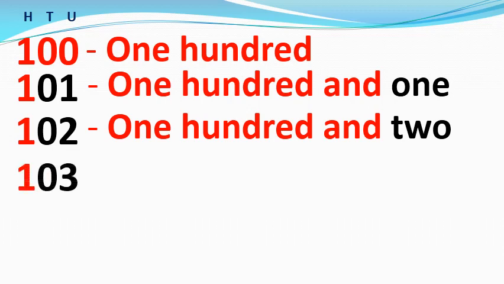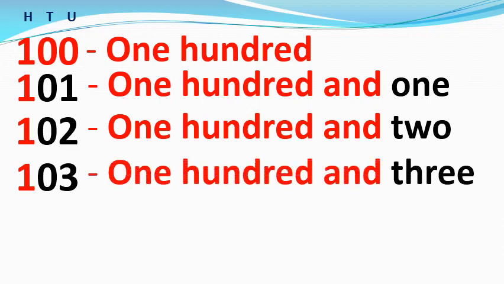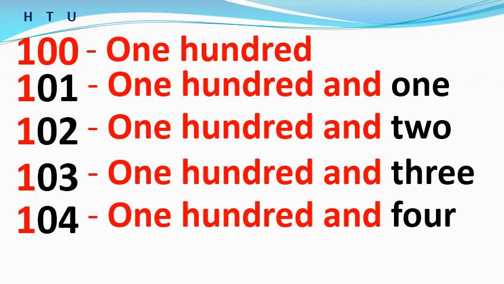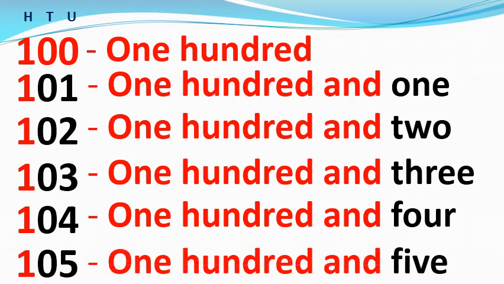The next number is 103, that is 103. 104, that is 104. 105, that is 105. So children, till now I hope you have understood that we have to write the number that is in the hundreds place as it is. We read it as it is, and then the numbers in the tens and units place.